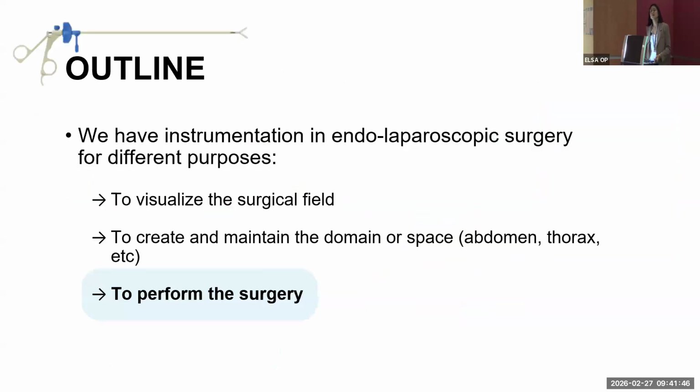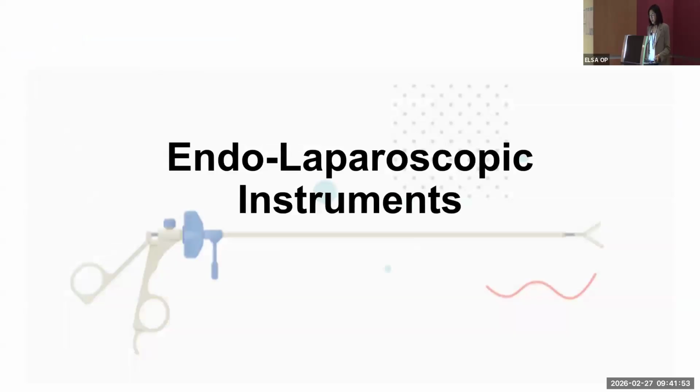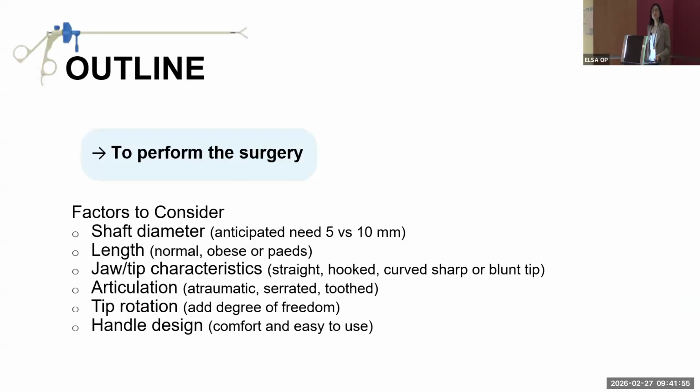Okay, now we're on to the last set of instruments, the ones we use to perform surgery. So what are the important things to consider when we're using instruments? We have to, of course, consider the shaft diameter. So if we want to use 5mm or 10mm, usually with pediatric patients we use 5mm instruments.